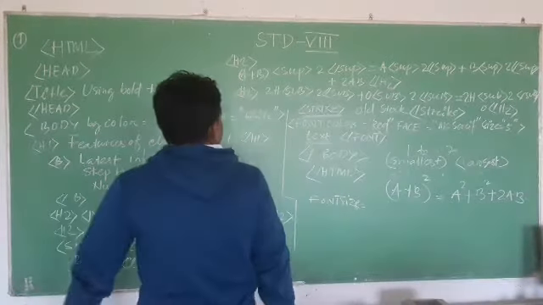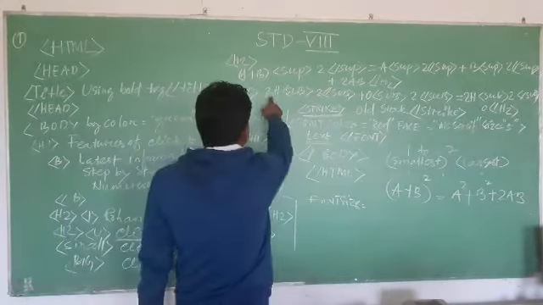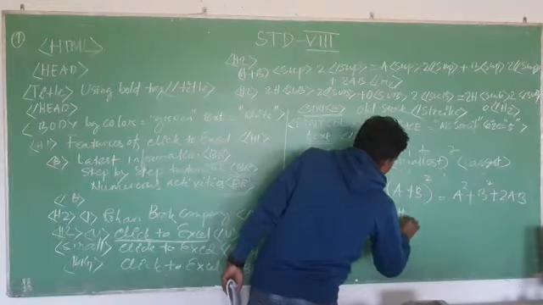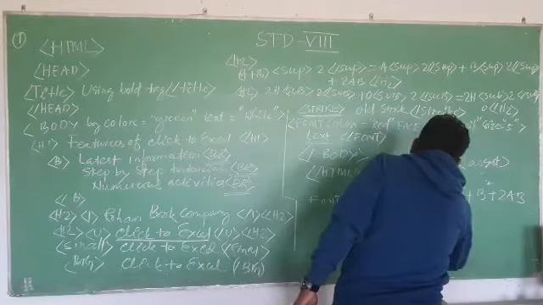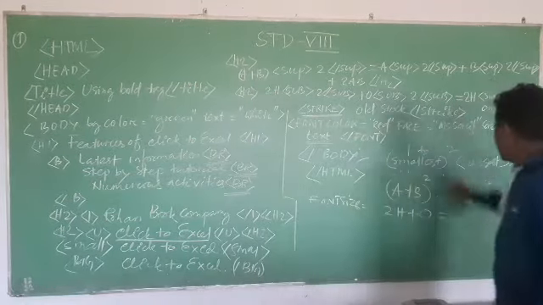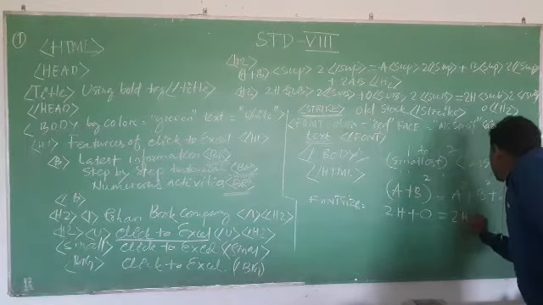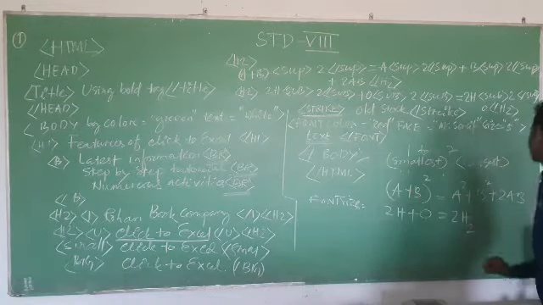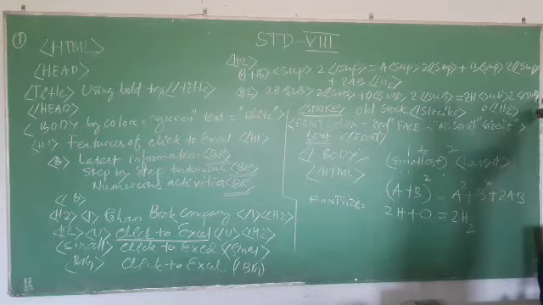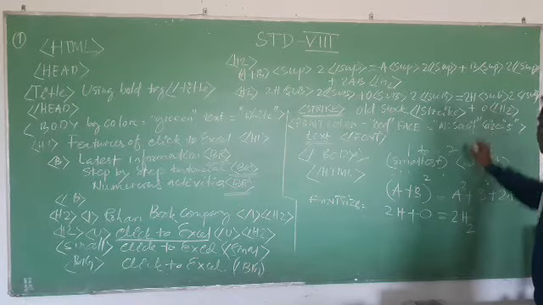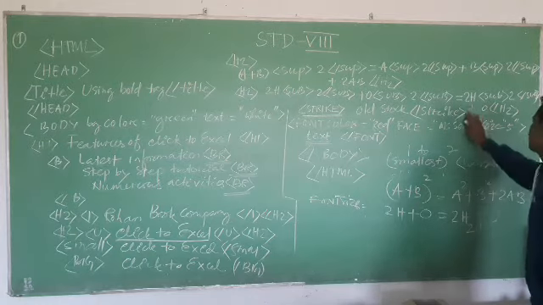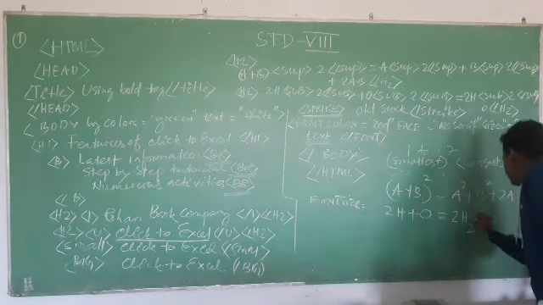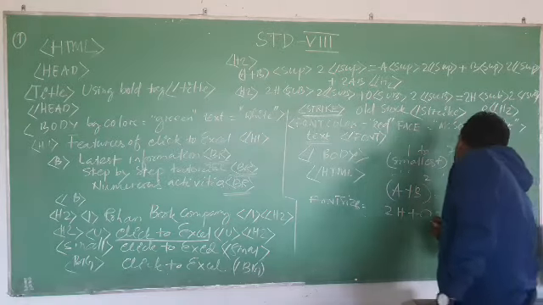And for subscript, 2H2O: 2H, then subscript 2, then O. That is, 2H2 plus O2.